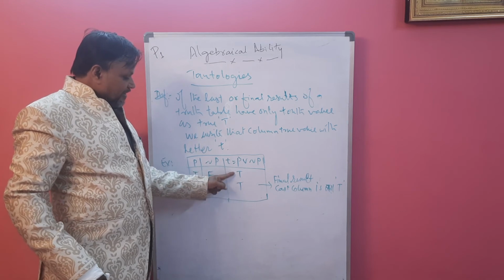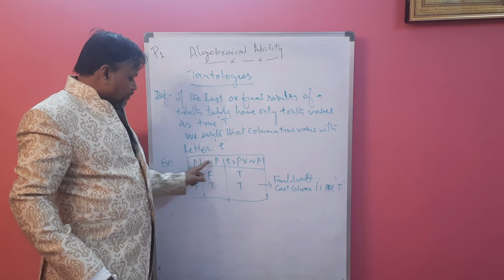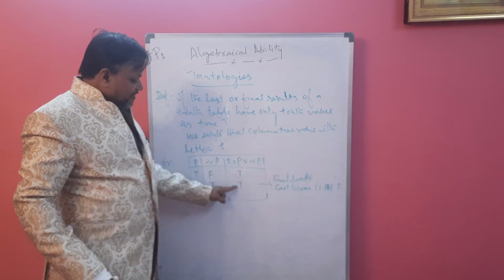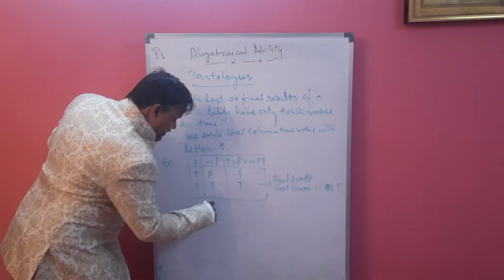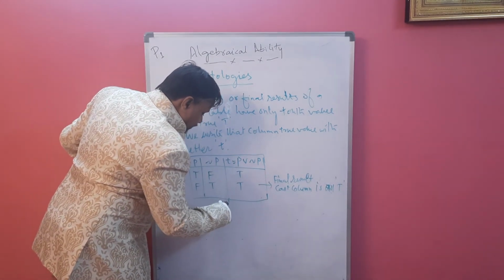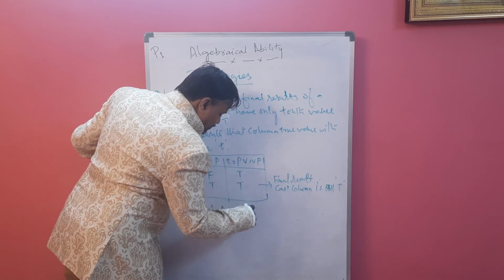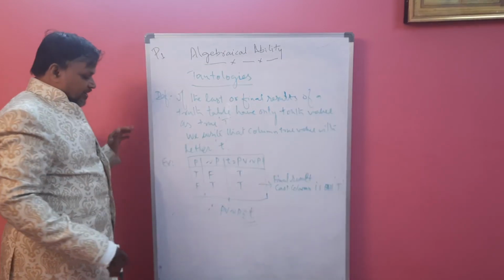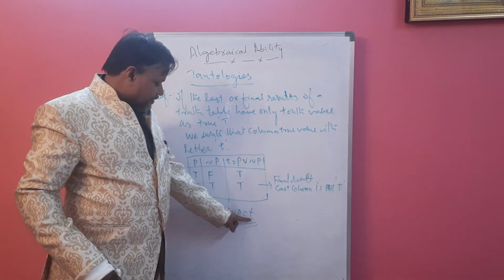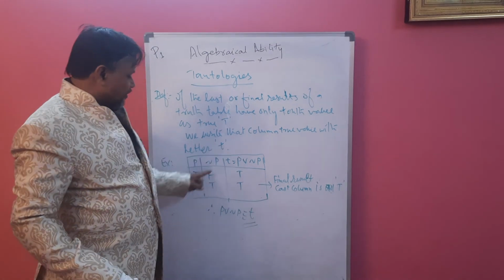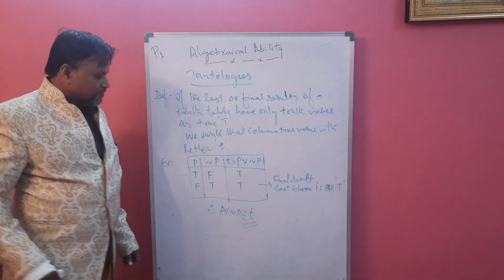So we will get our final results of disjunction of these two. Now last column contains T only. So we can say that P or negation P is equal to small t, that is tautology. These results are always T, so we will call it a tautology. This is a common example for tautology.